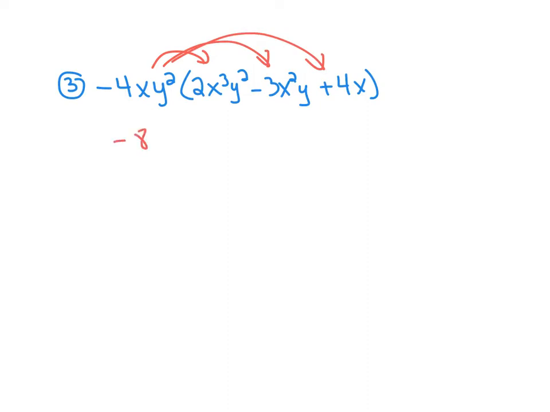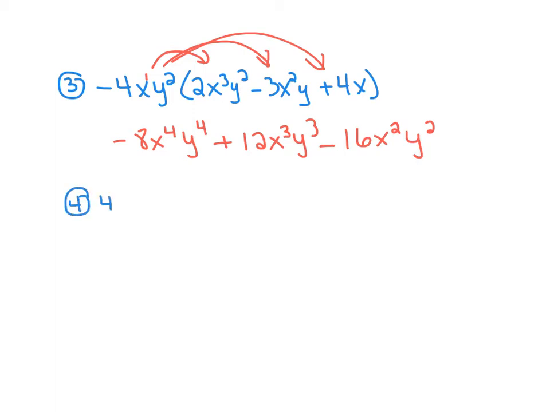Negative 8x to the fourth, y to the fourth, because this is a 1, plus 12x to the third, y to the third, because again, adding the exponents, minus 16x squared y squared. Look, can you combine anything? Nope, all done.